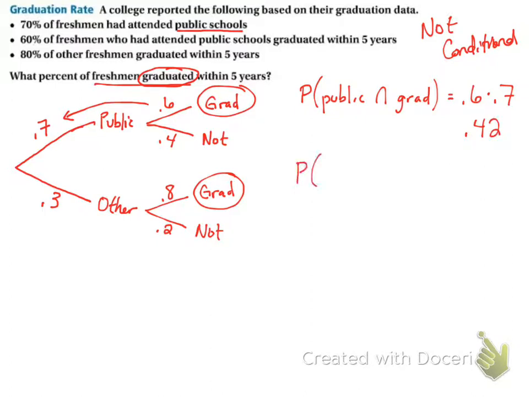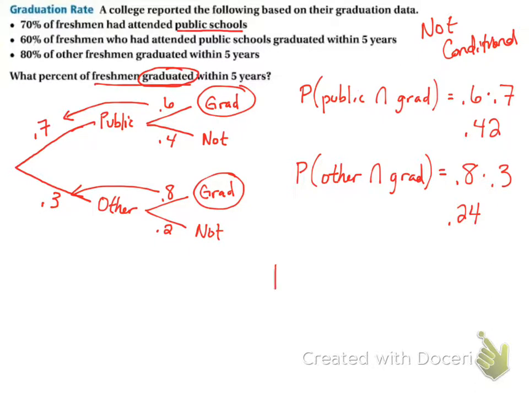For the next one, I can do probability that someone went to some other school and they graduated. Again, I'm concerned about graduation. And so again, 0.8 graduated, and then 0.3 went to that other type of high school. So again, I'm taking the graduate and I'm multiplying it by the percent that went to the other type of high school. And so 0.8 times 0.3 gives me 0.24.